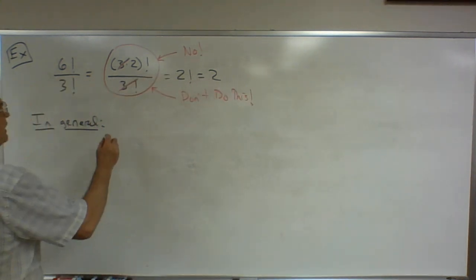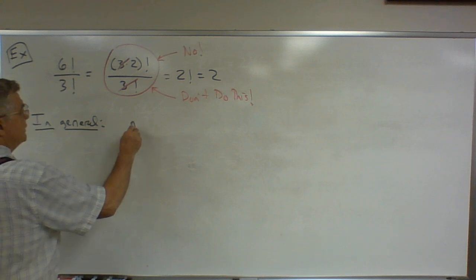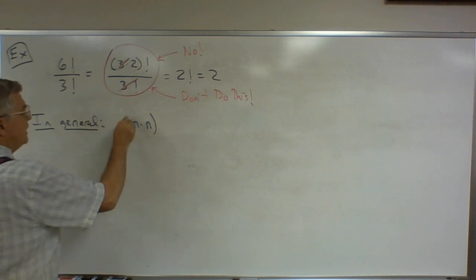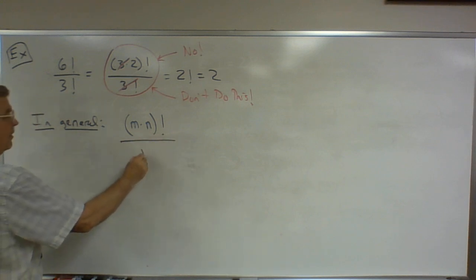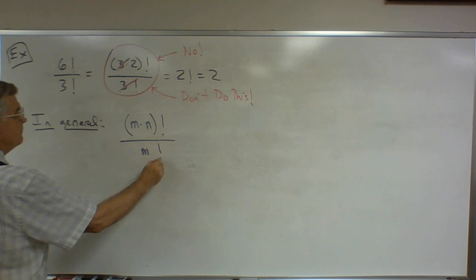If we say the general case of this, let's say that we have m times n factorial, the factorial of this product, over m factorial.